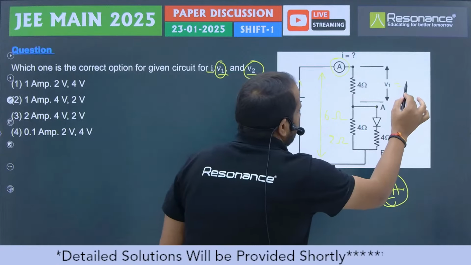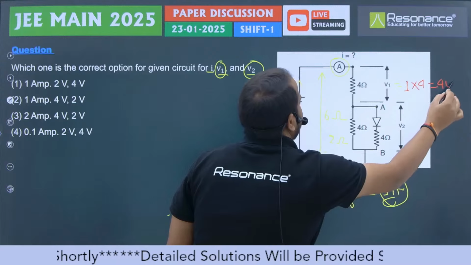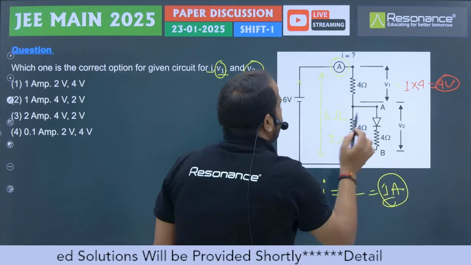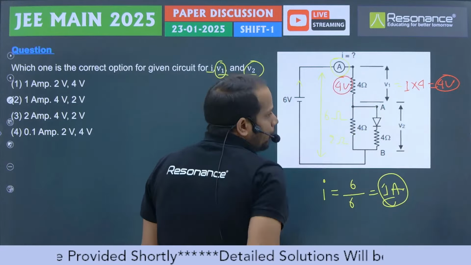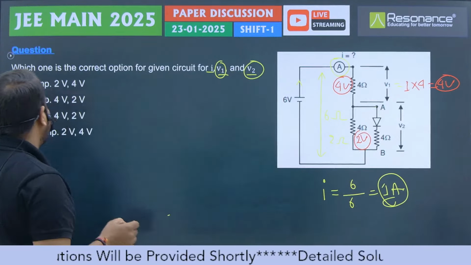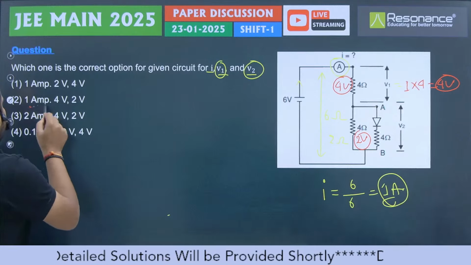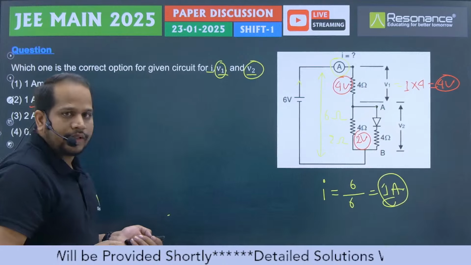I is 1, and what is this? 4. So you can say this is simply 4 volt, right? So the voltage across this one is 4 volt, and the voltage across this one will be what? 2 volt, right? So let's see what's the answer. We have 1, 4 and 2. So this is the answer we have, right? Okay. Now let's move on to the next one.